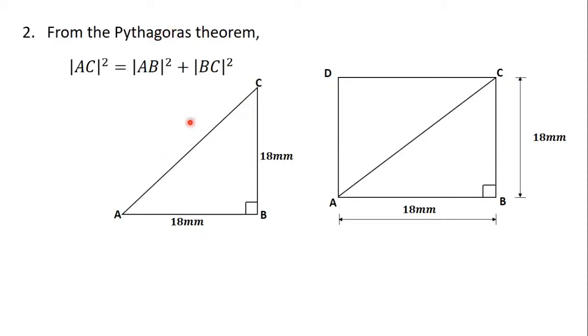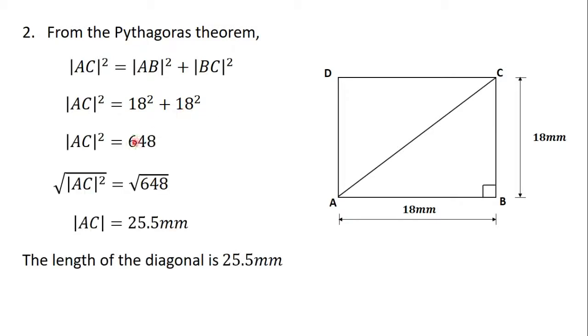If you apply the Pythagoras theorem here, you have AC squared is equal to AB squared plus BC squared. AB is 18 millimeters, BC is 18 millimeters. So AC squared is equal to 18 millimeters squared plus 18 millimeters squared. When you simplify this, you are going to have AC equal to 25.5 millimeters.